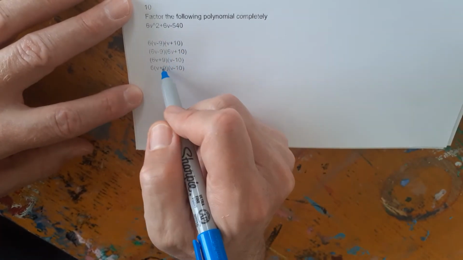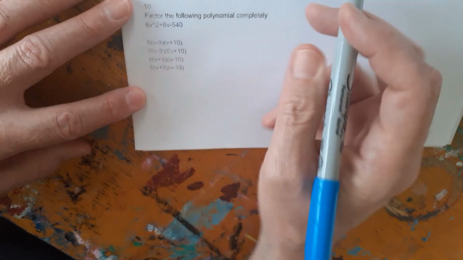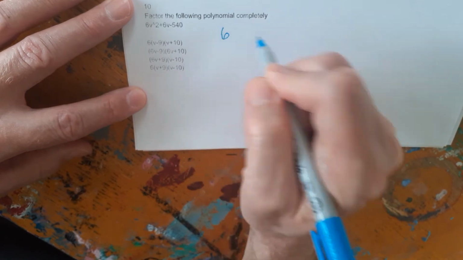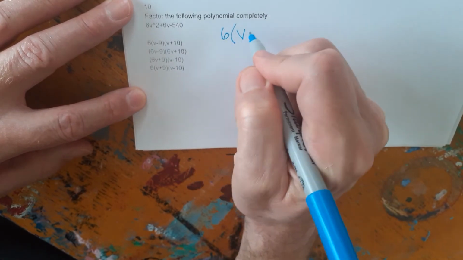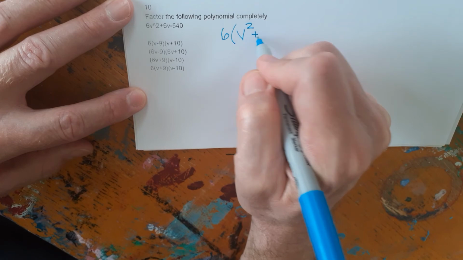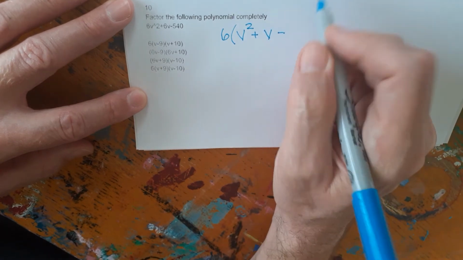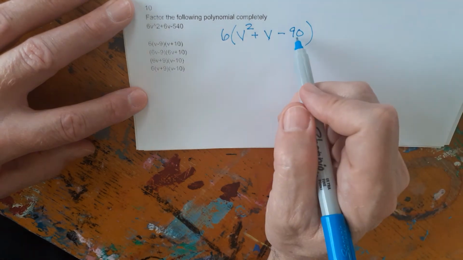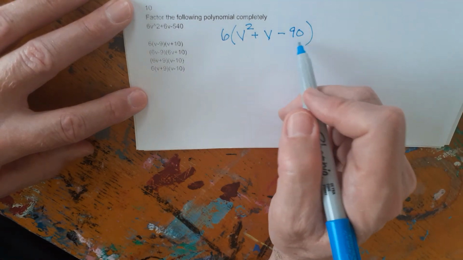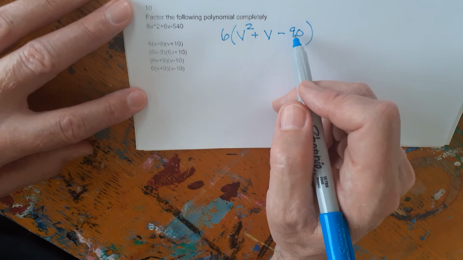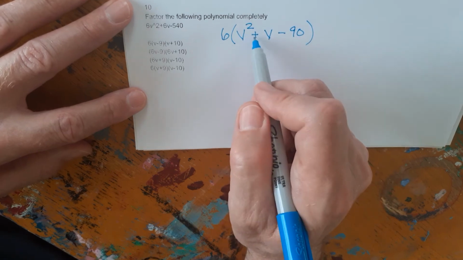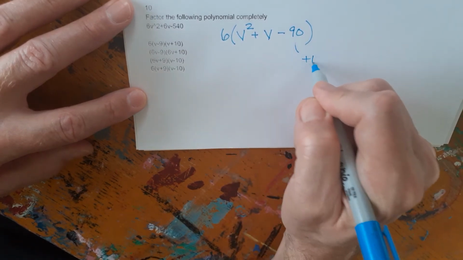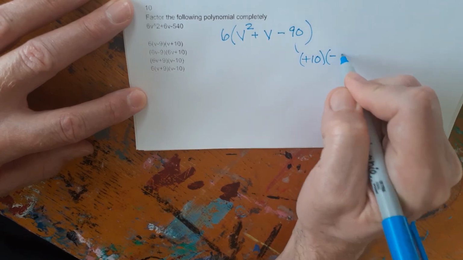I would like to pull 6 out of this thing because I see this 540. That's got to be a 90. So if we pull 6 out, we get a v squared plus v minus 90. When I look at these things, anything with a 0 on it means 9 times 10. And if I need a positive, can't I make that a positive 10 and a negative 9?